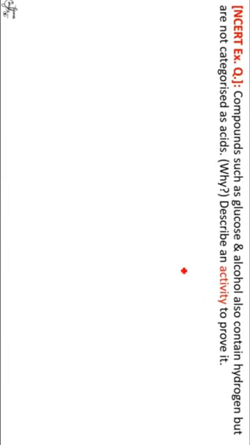Compounds such as glucose and alcohol also contain hydrogen, but are not categorized as acids. Why? Let us understand again by repeating the same experiment. See, glucose solution, what is the formula? C6H12O6, as you know, right?